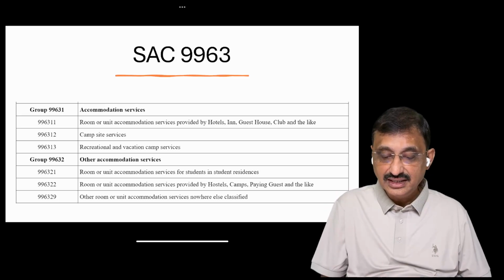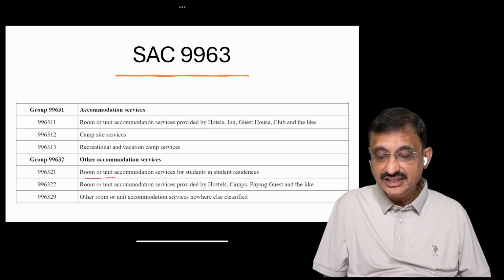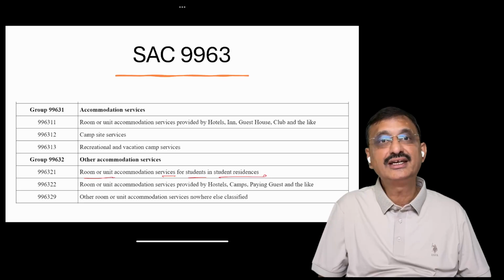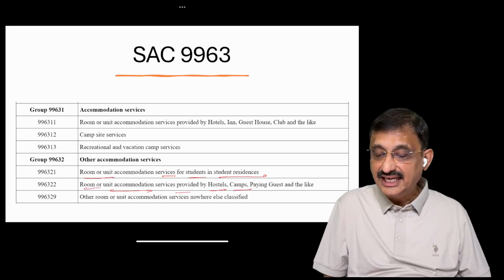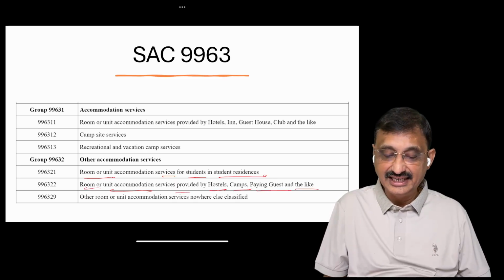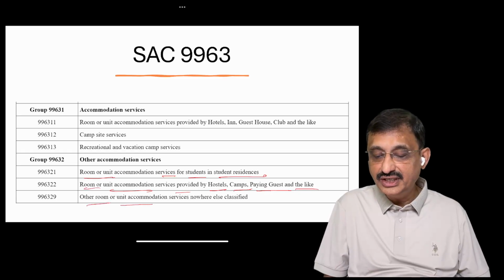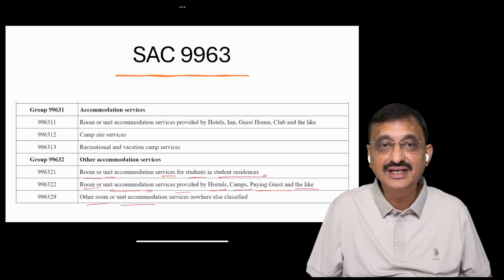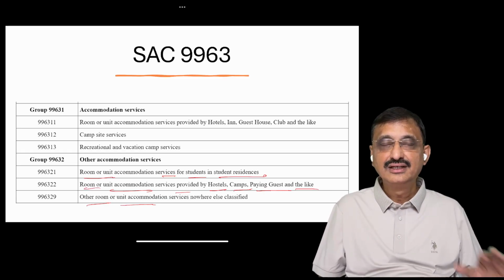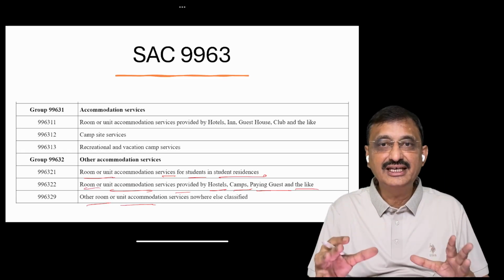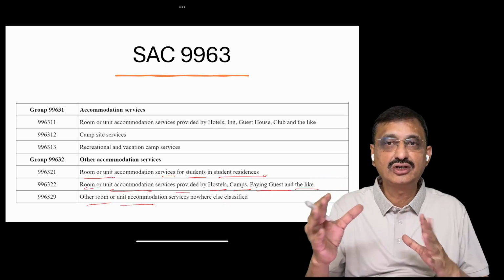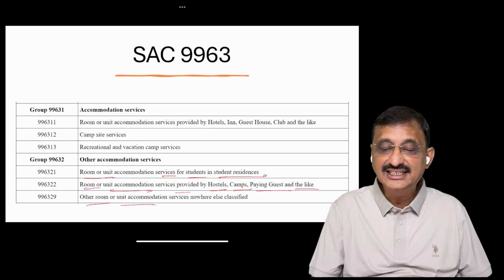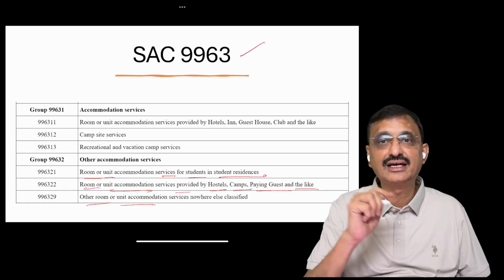It includes room or unit accommodation service for students in student residences, room or unit accommodation services provided by hostels, camps, paying guests, and the like, and other room or unit accommodation services not elsewhere classified. So for hostels, paying guest accommodation, and students' hostels in universities, colleges, etc., this SAC 9963 will come into play.